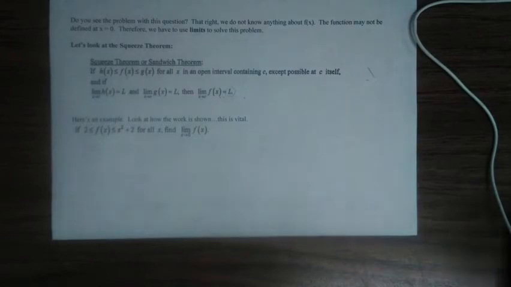So let's talk about the squeeze theorem. The squeeze theorem tells you that if you have a function h of x that is less than or equal to f of x, which is less than or equal to g of x, for all x in an open interval containing c, except possibly at c itself, and the limits of h and g as x approaches c are equal, then the one in the middle has exactly the same value as the other two.